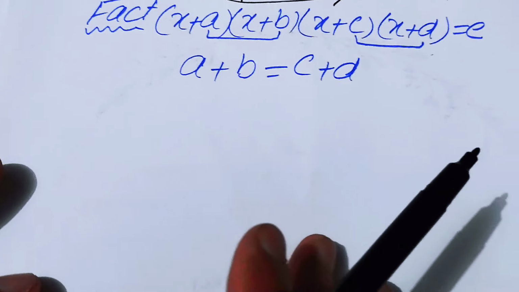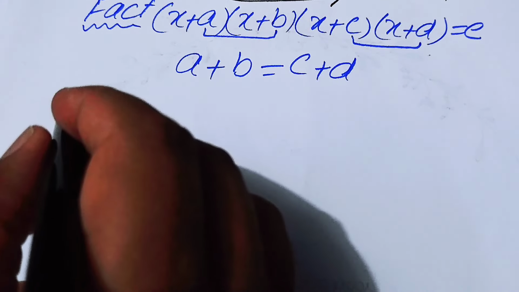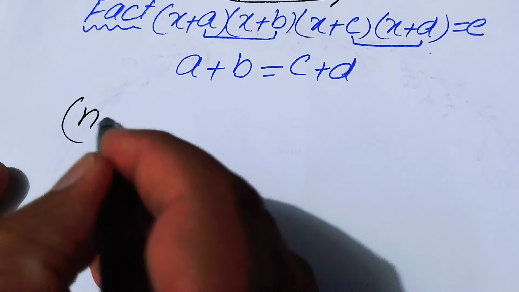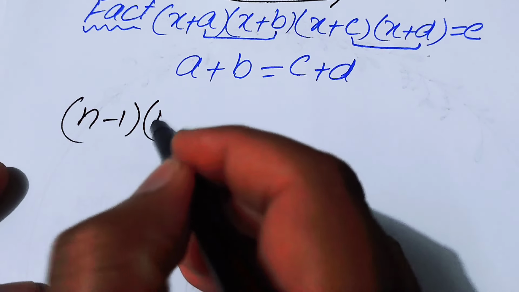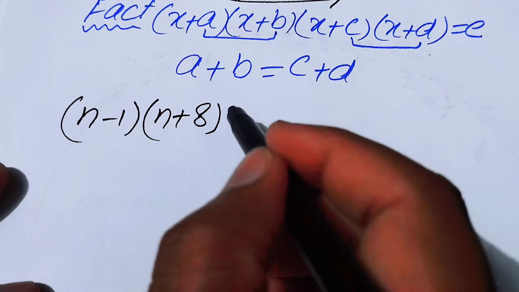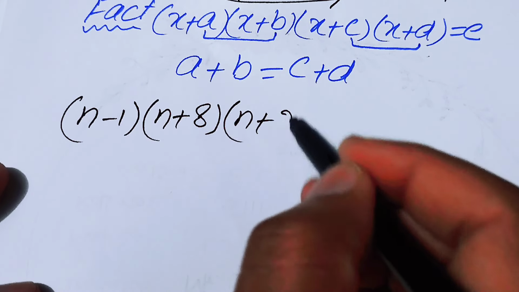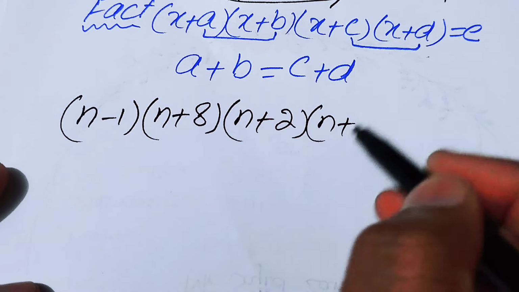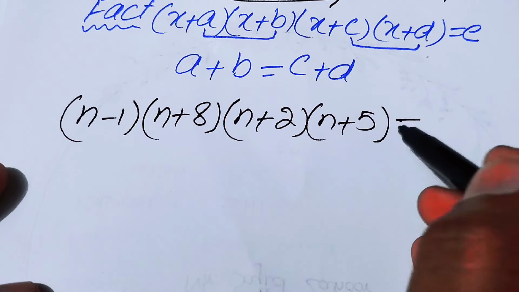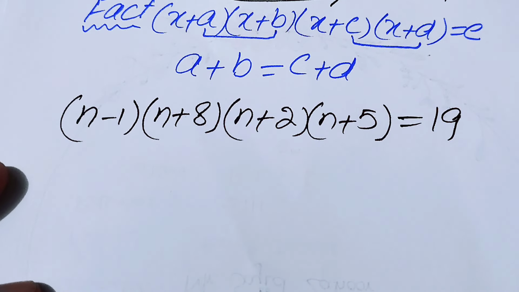So we get the pairs in the form of (n minus 1) times (n plus 8) into (n plus 2) times (n plus 5) is equal to 19.